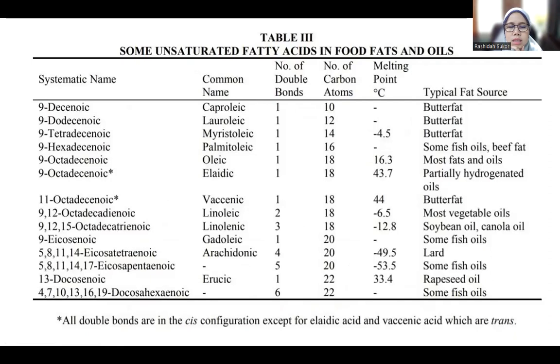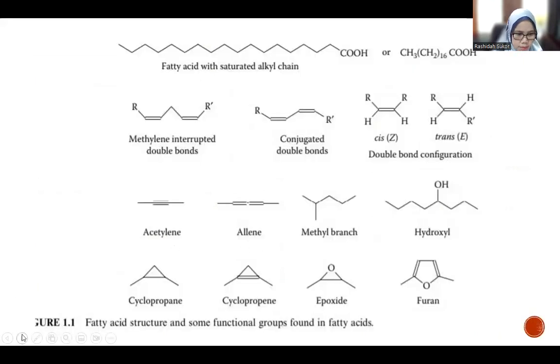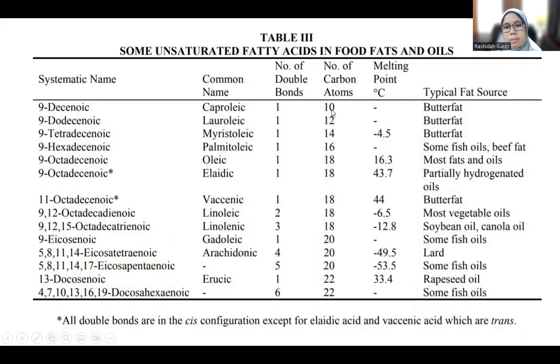And this one is unsaturated fatty acids in fats and oils. This is the systematic name. This is the location of the double bond. 9-decenoic acid, dodecanoic acid, and then 16:0, which they didn't write here. This is the number of carbons: 10, 12, 14.